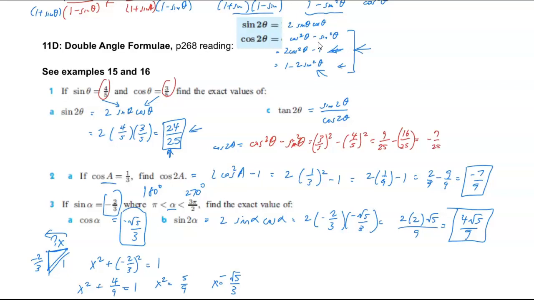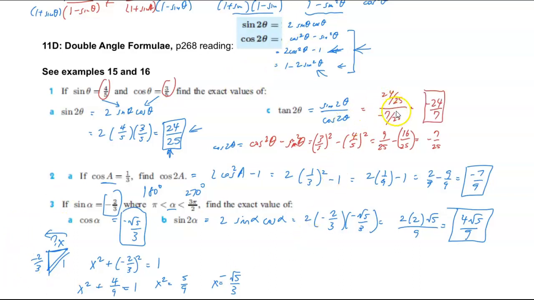And then if I fill in sine 2 theta and cosine 2 theta, I would have 24 over 25 on top, and I would have negative 7 over 25 on the bottom. And the 25s cancel out, and then we're left with negative 24 over 7.